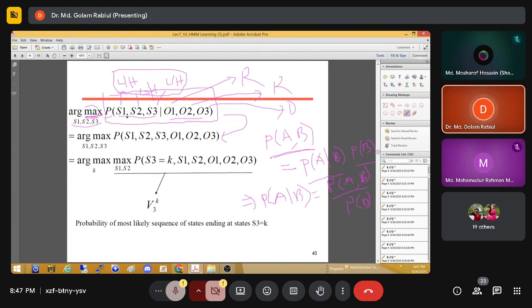If we consider these three states as our A, and these observations as our B, then probability of A given B is probability of AB, the joint probability of observations and states, divided by probability of B. And probability of B is the probability of all the observations.